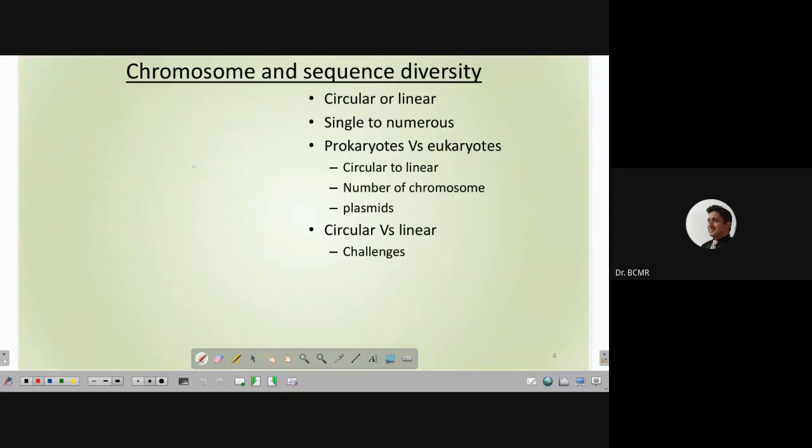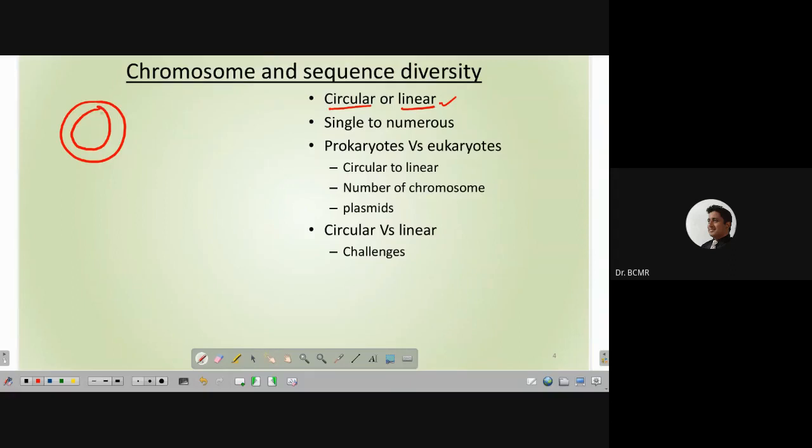So in different organisms, the shape and number of the genome, or chromosomes, is different. In almost all bacteria, it is circular. And in the majority of the other organisms, eukaryotes especially, it is linear. Okay, I think we discussed it when we were talking about replication.